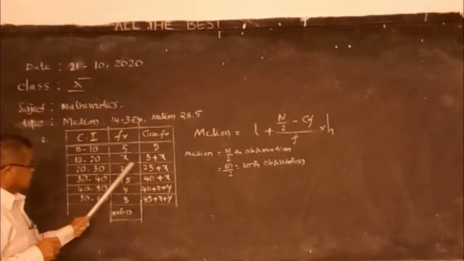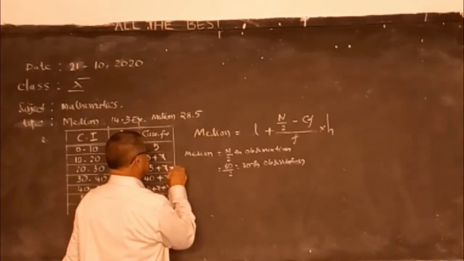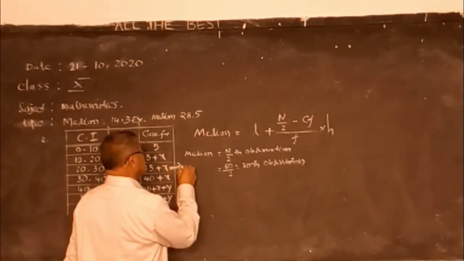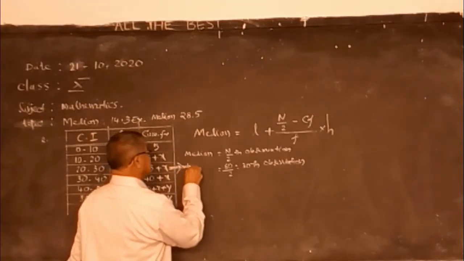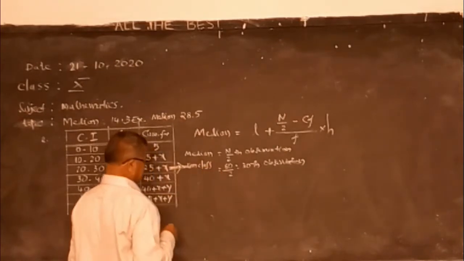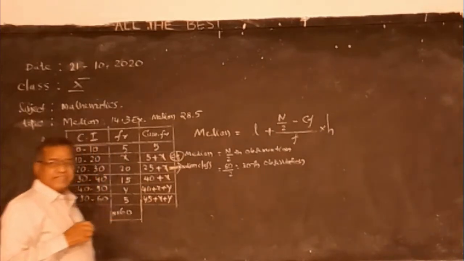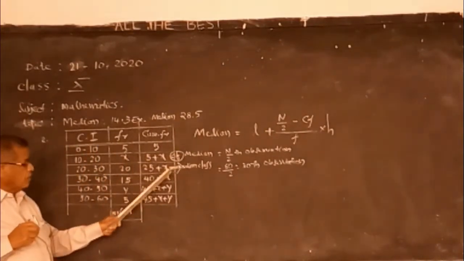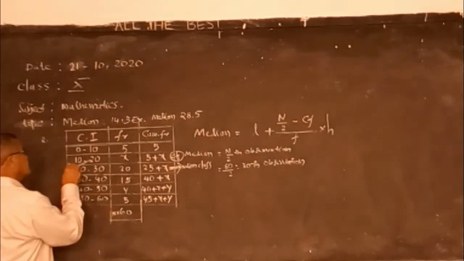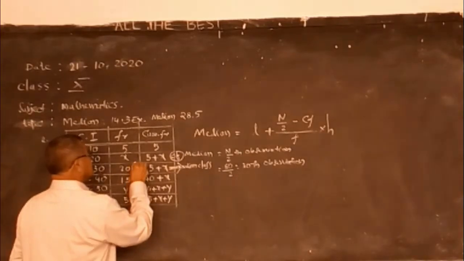So this is the median class. And this is CF, the preceding cumulative frequency of the median class. And what is L? Lower boundary of the median class. And what is F? Frequency of the median class.